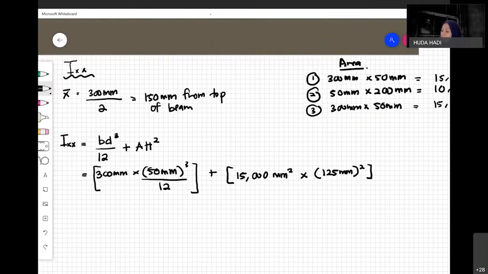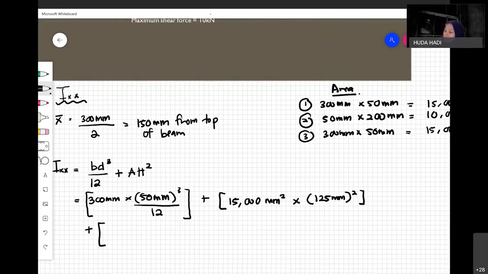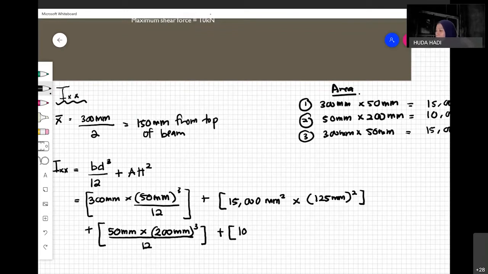So for our second rectangle, it is BD cube over 12, 50 mm times D of 200, divided by 12, plus A, which you have already calculated at the side. H, we don't know.